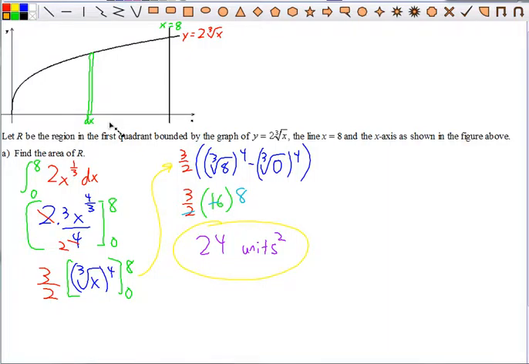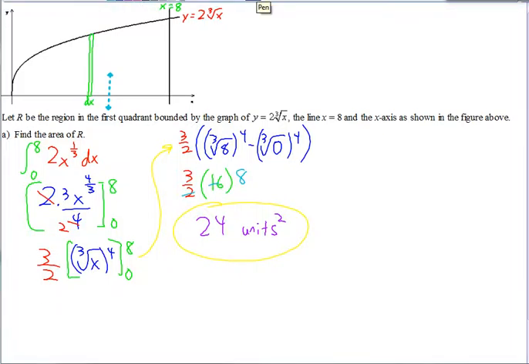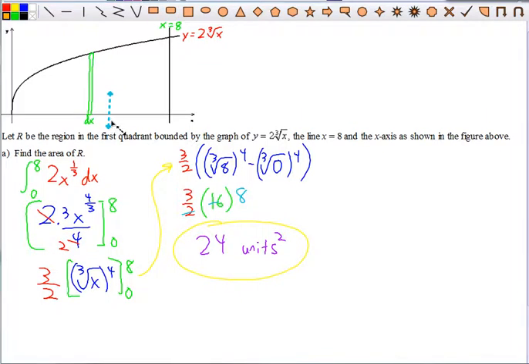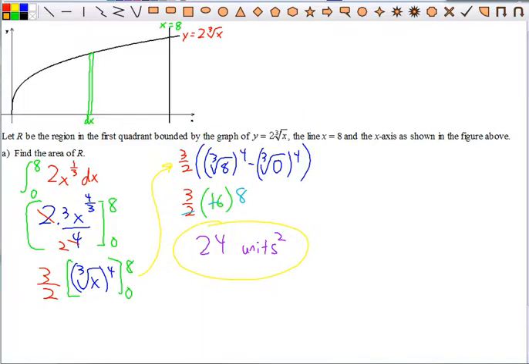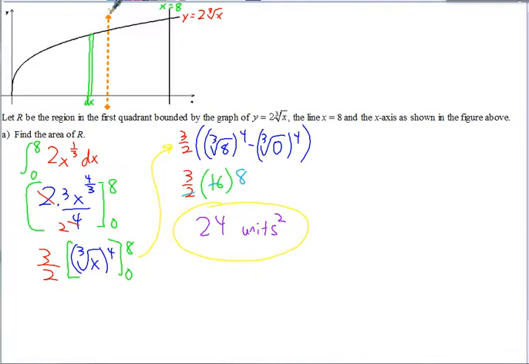So we got some vertical line. I'll just guess about where it might be. Maybe about right there. x equals k, so that this area right here is the same as this area right here.